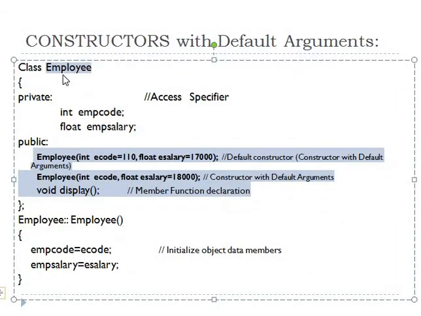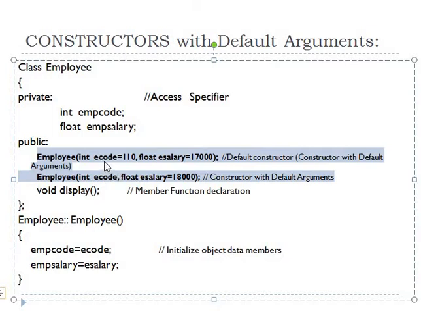Now if you look at this class identified by the name employee, this class has got 3 member functions. Out of these 3 member functions, 2 are constructors. These 2 are the constructors, as their name resembles the name of the class, which is employee. Both these constructors contain parameters.